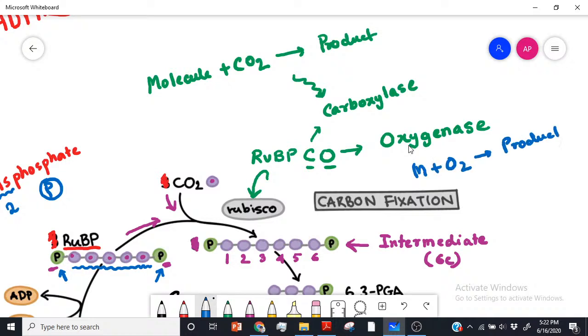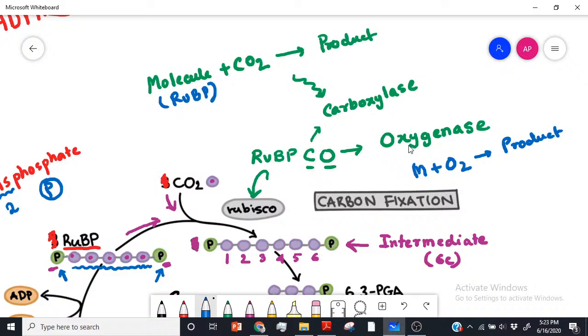Now this enzyme Rubisco, which is essentially RUBP carboxylase oxygenase, can perform carboxylation as well as oxygenation of RUBP. It causes carboxylation in presence of CO2, it causes oxygenation in presence of O2. Since we have presence of CO2 over here, it will cause carboxylation through its carboxylase activity, and it will cause incorporation of the CO2 molecule into the RUBP molecule. Over here the molecule is basically our RUBP.